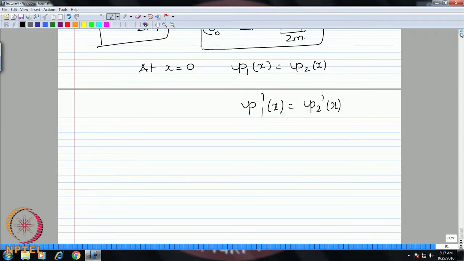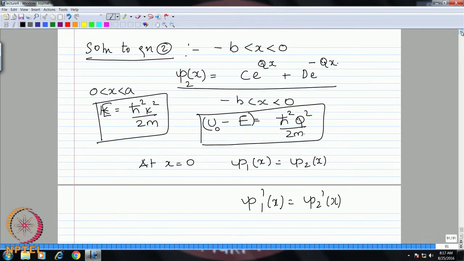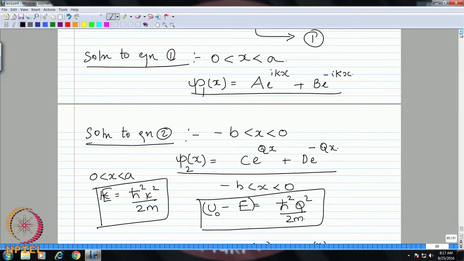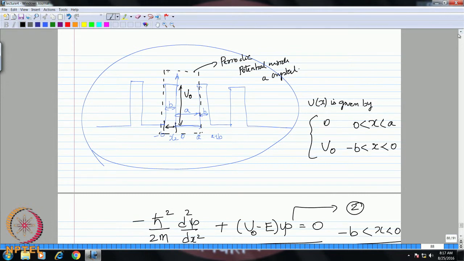So, this gives you two equations for finding out two unknowns, but we have two more unknowns to be determined, and we need therefore two more conditions. And what can we do? So, now we go to this periodicity. Since this unit cell is periodic, we know the potential is periodic, but how do we link the solution for a periodic potential?